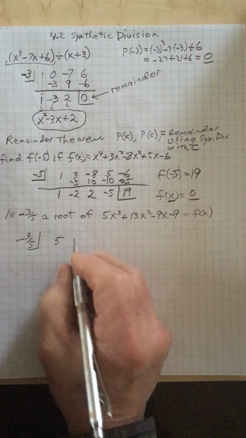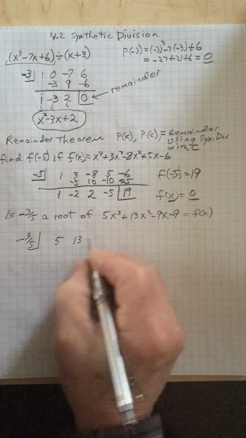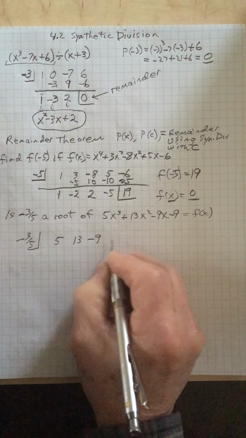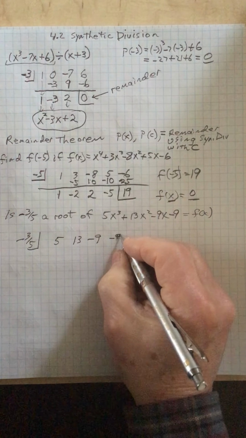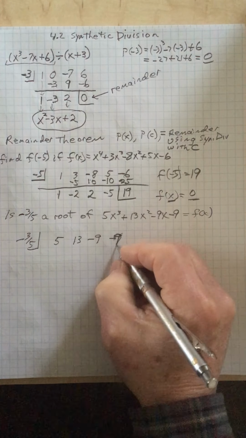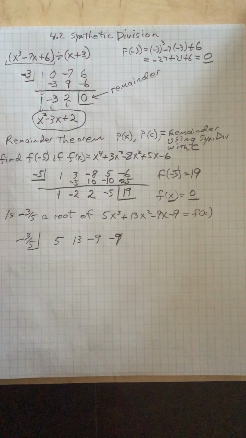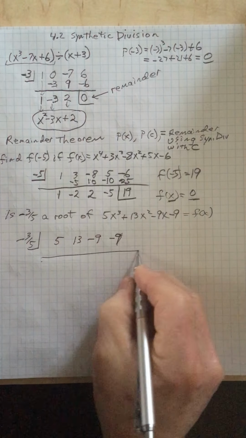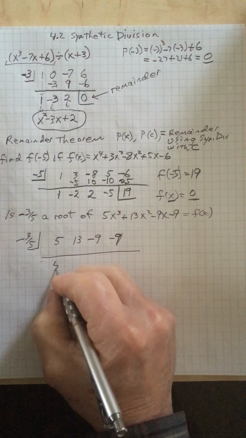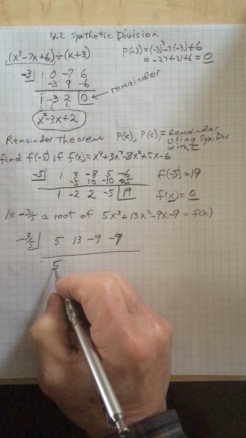Again, I have all the powers of x, so I don't need to zero fill here. Whoops, minus 9. Okay. Again, draw your line. They always start the same. Bring the first one down, and then start multiplying.